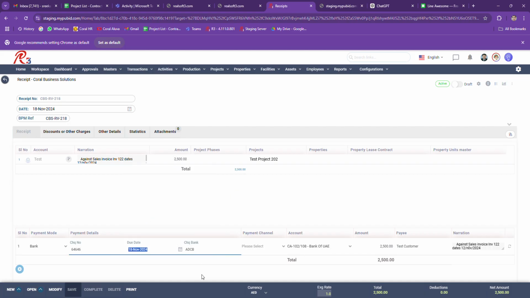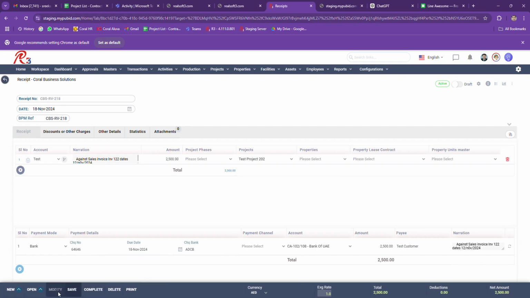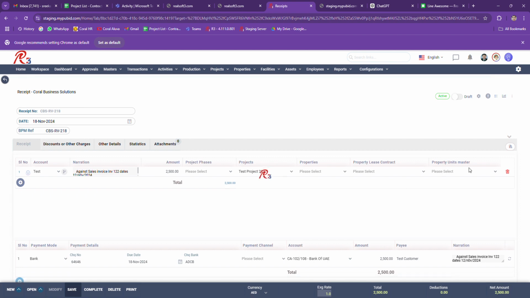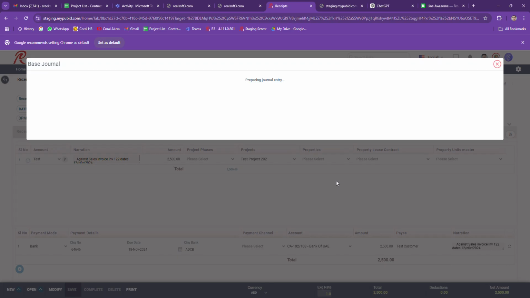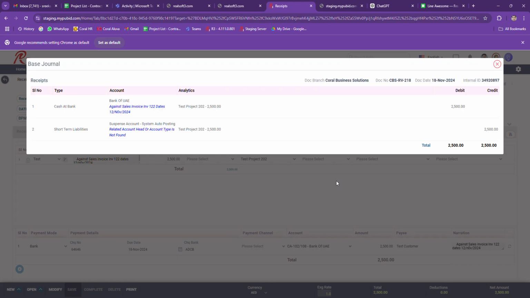It is only according to the setup. So we changed it to current dated, and we will check what is going to happen in our system. This one is saved. And check. See, it's a current dated check.